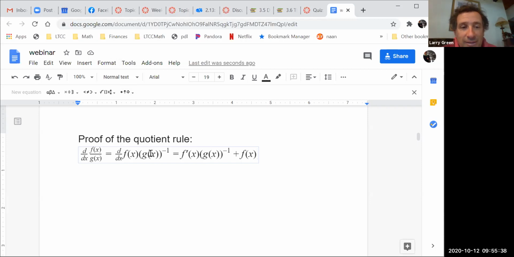And the derivative of the inside is g prime of x. And then the derivative of something to the negative first is negative that thing to the negative second. So g of x to the negative second power. Any questions so far?